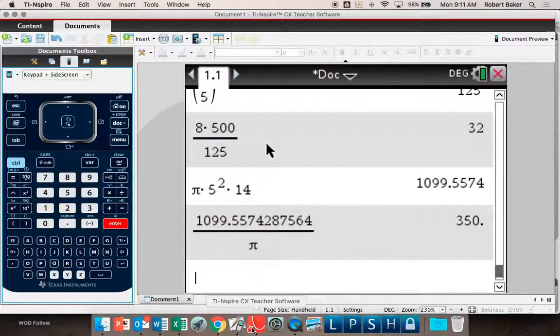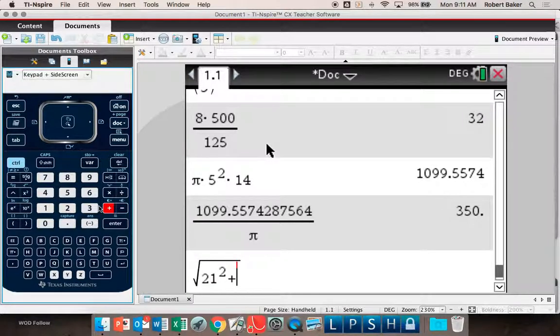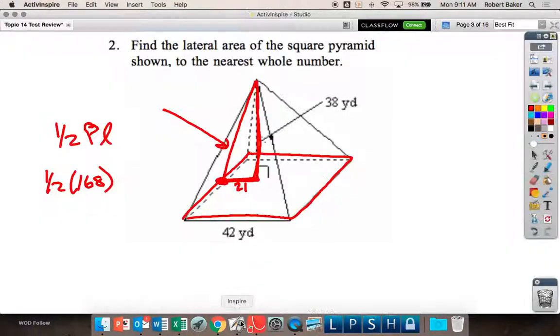the slanted height, or that other side of the right triangle right there. I'll use my calculator, the square root of a squared plus b squared. And it says that the slanted height is 43.4. So if I go back to my paper, I have 1/2 the perimeter of the base times the slanted height.